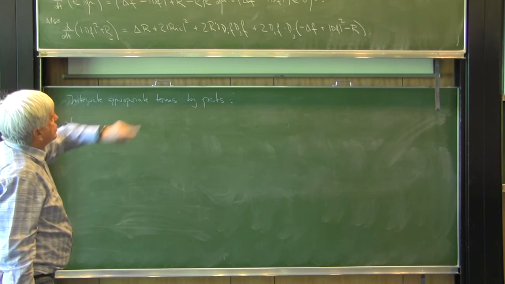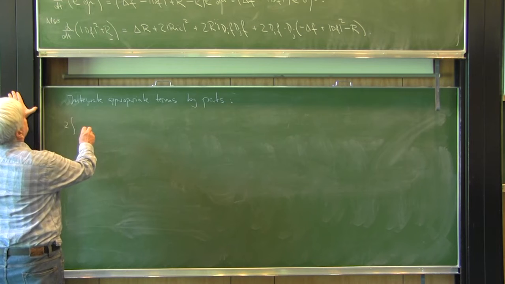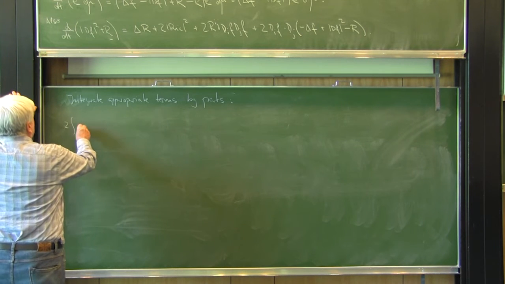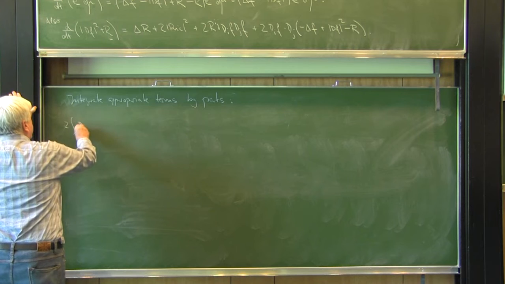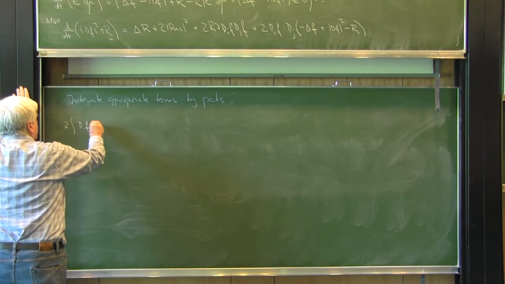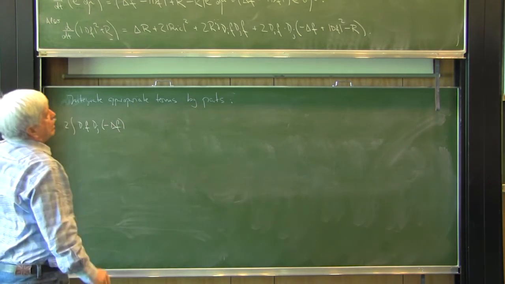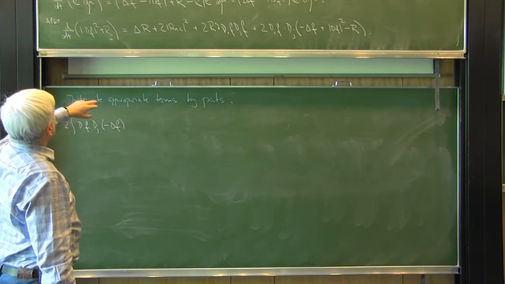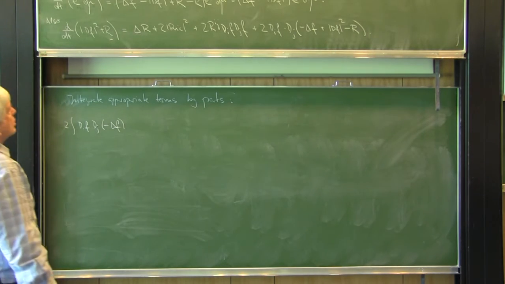We get one term which is 2 ∇_i f ∇_j of minus Laplacian f... what is wrong?